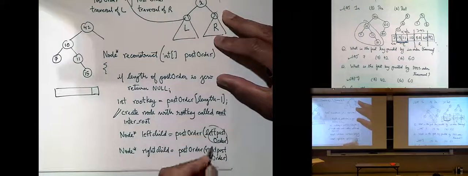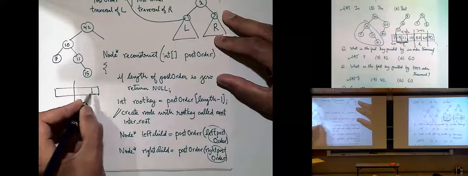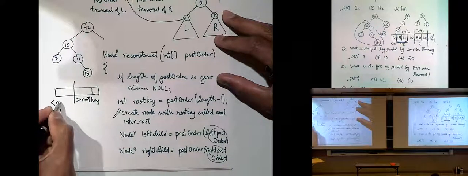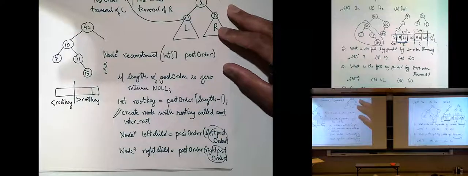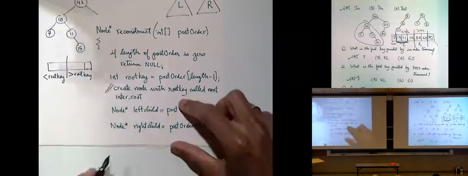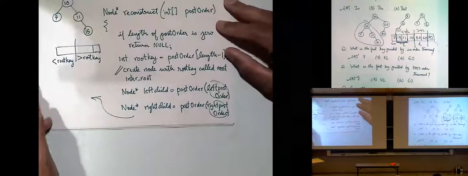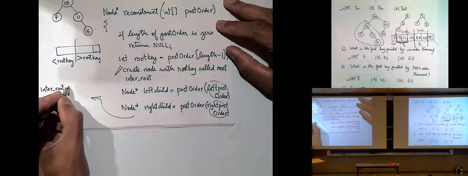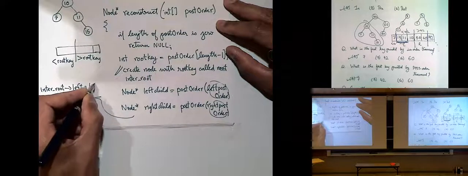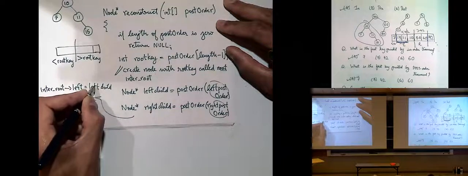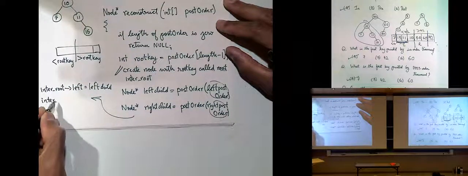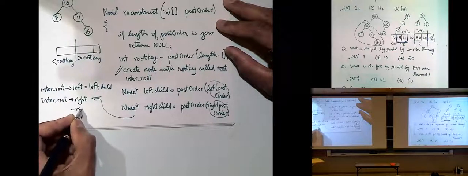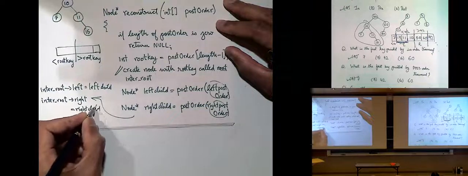And to figure these things out, you're basically going to find everything that is greater than the root key and less than the root key. Right? That gives you the left and right post order. And then I'll just say that inter root arrow left is equal to the left child, and inter root arrow right is equal to the right child.